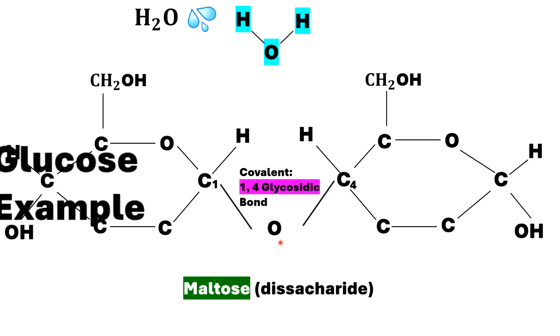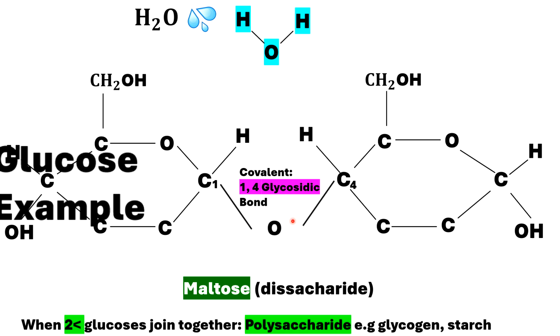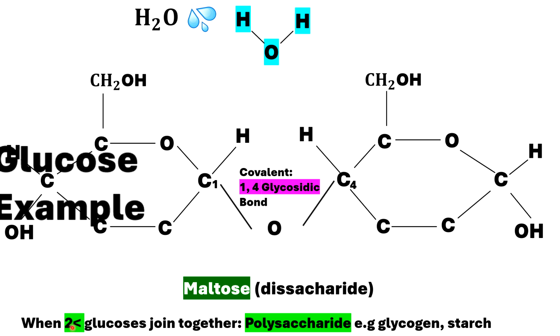This bond right here, this oxygen that joins these 2 together, is a covalent 1,4 glycosidic bond. Glyco for glycogen, because as we'll see, when more than two glucoses join together, we get a polysaccharide such as glycogen. So remember that poly is many, and maltose is the di, 2.